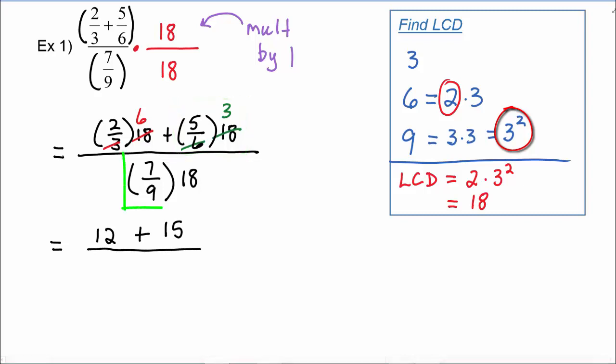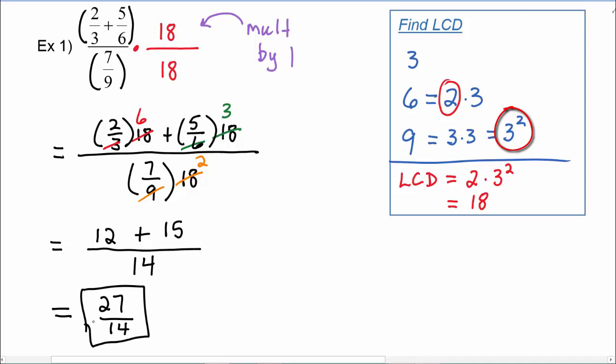And in the denominator, we have that 9 goes into 18 twice, so 7 times 2 is 14. When we add 12 and 15, we get 27, and the denominator remains 14, and there's our solution.